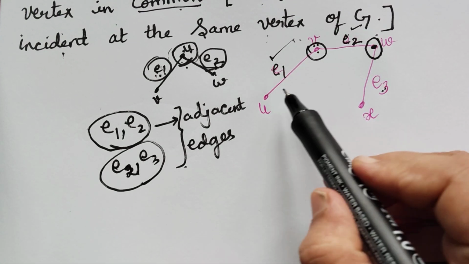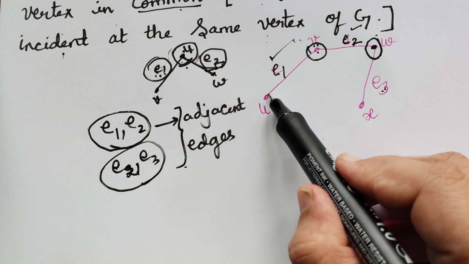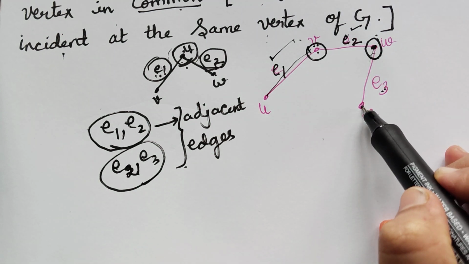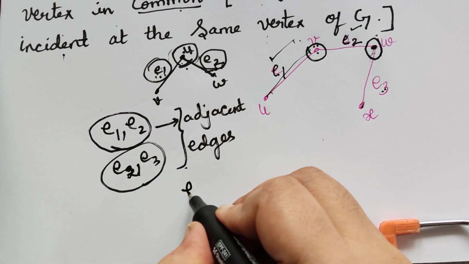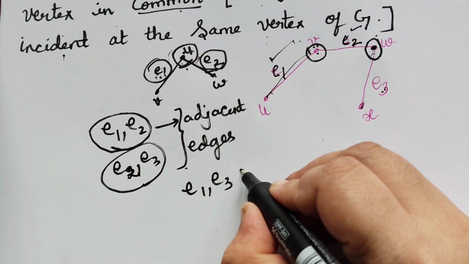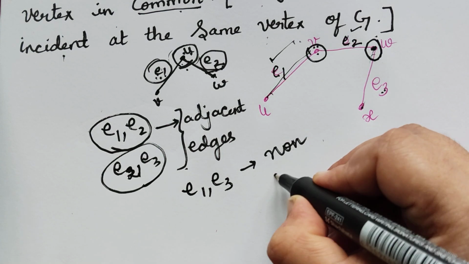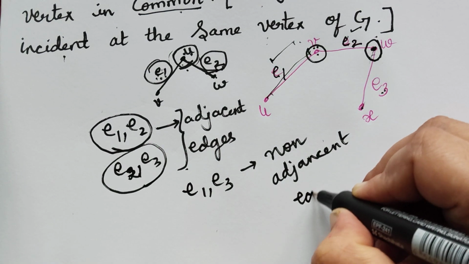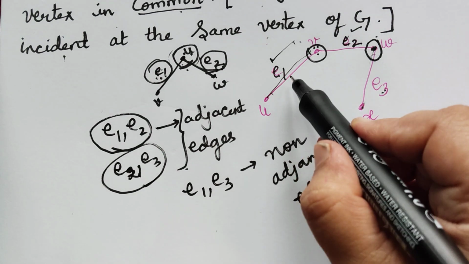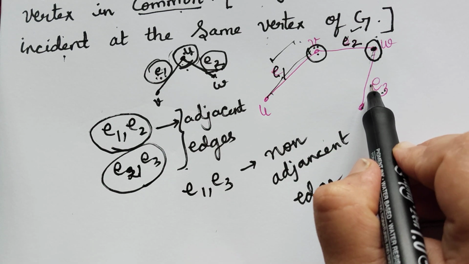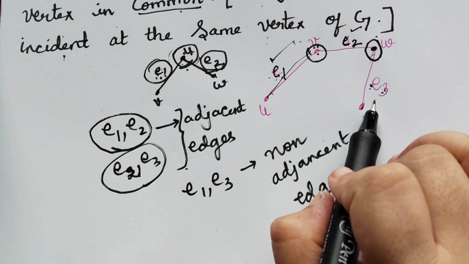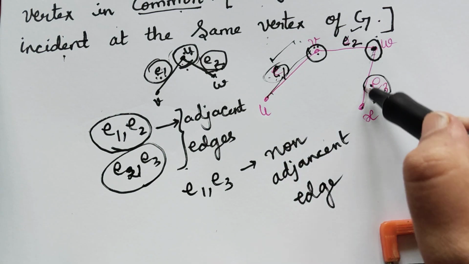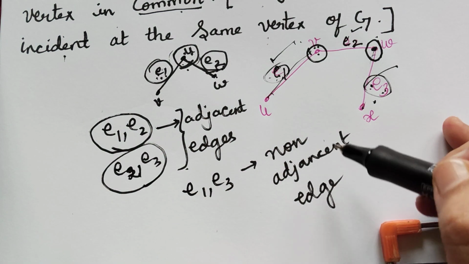No. But we can say that similarly the other way, E1 and E3 are not adjacent to one another. So E1, E3, they are non-adjacent edges because they do not share a common vertex. They are not incident with the same vertex. So E1 and E3 are non-adjacent to one another.